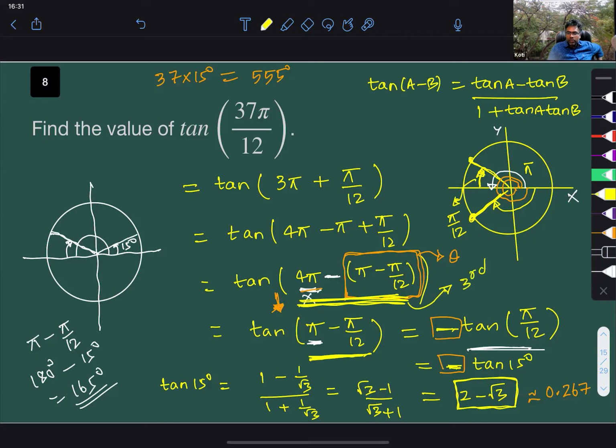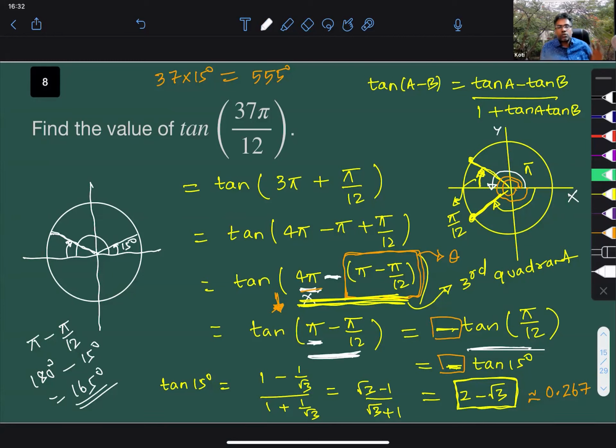That is what we should get. But if I use pi minus pi by 12, I will not go to the third quadrant. So the mistake we have made is that we should take this minus sign there.